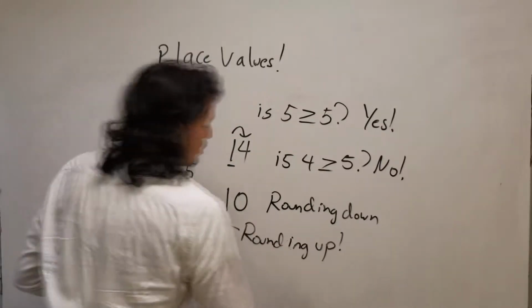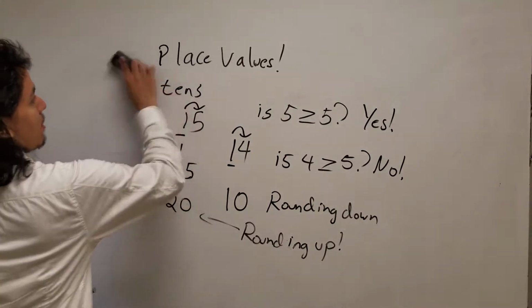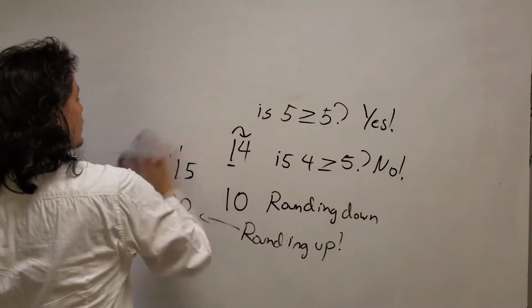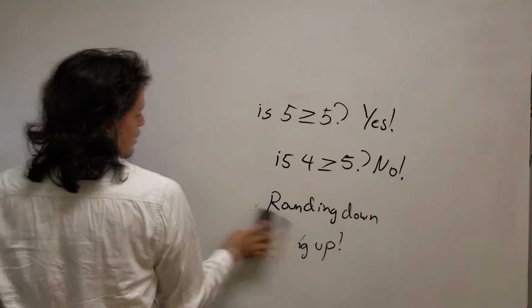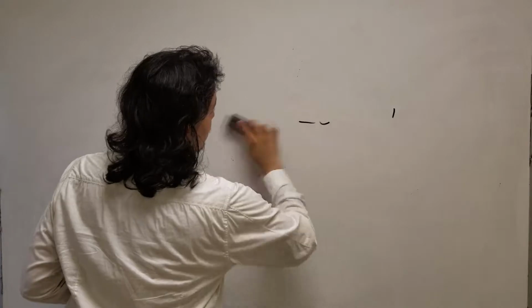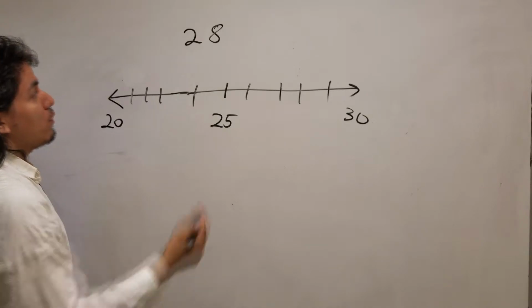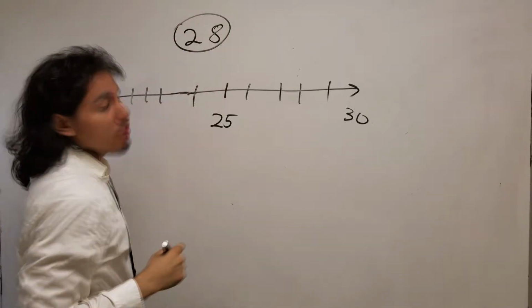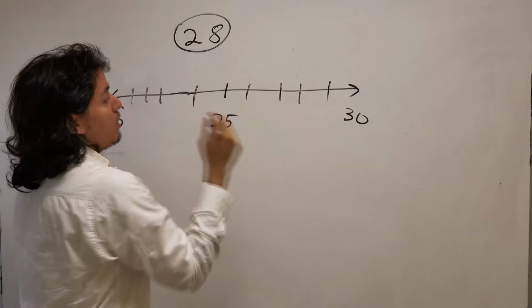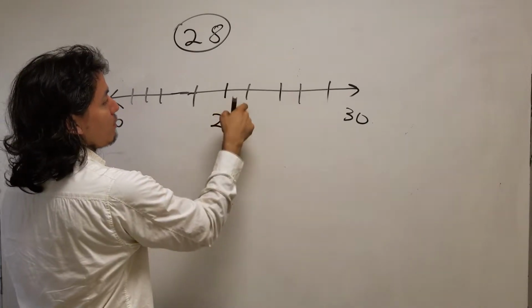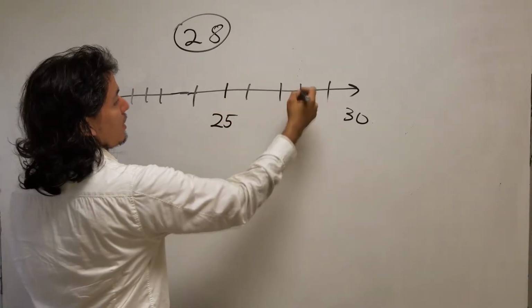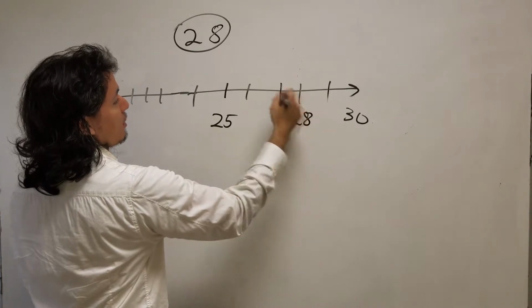Another example for rounding numbers, and I think this will help a lot of visual learners. Let's use 28 as the number we wish to round. Where's 28? We have 25, 26, 27, 28. So 28 is right about here.